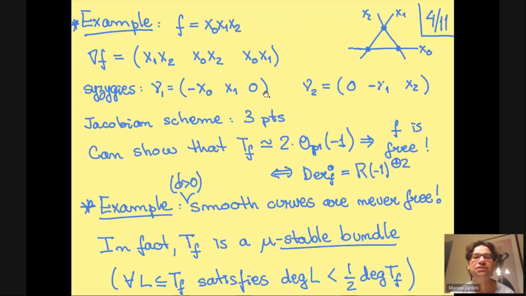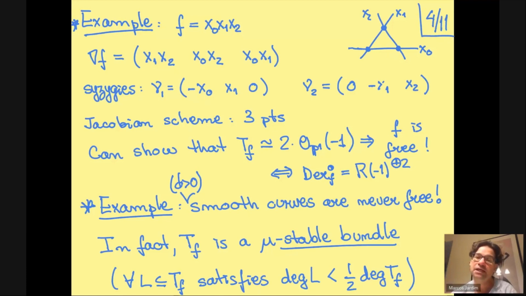These are 2 syzygies of this vector here. The Jacobian scheme has precisely 3 points, which are the 3 points of intersection. And then using the fact that it has 2 syzygies of degree 1, you can tell that the logarithmic tangent sheaf is just a sum of 2 copies of O(-1). So in particular, this generic line arrangement with 3 lines is always free.